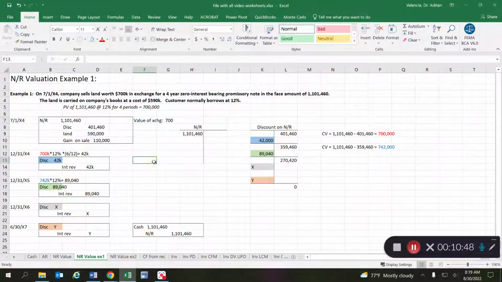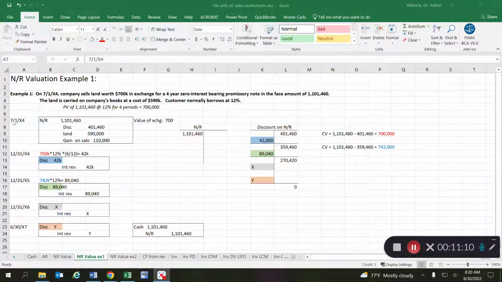Okay? What happens next is that as time passes, we're going to have to recognize some of that interest that is earned over time. So for example, assume this company has financial reports that are presented at the end of the year.